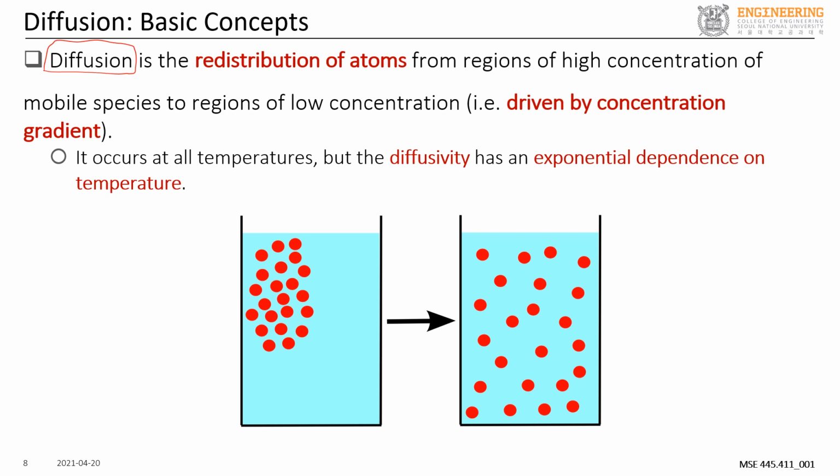If you have a region where a high concentration of a certain mobile species exists, usually at higher temperature, they will diffuse to the empty region, and eventually, if you wait long enough, they will distribute uniformly within the structure. So this is a diffusion process.